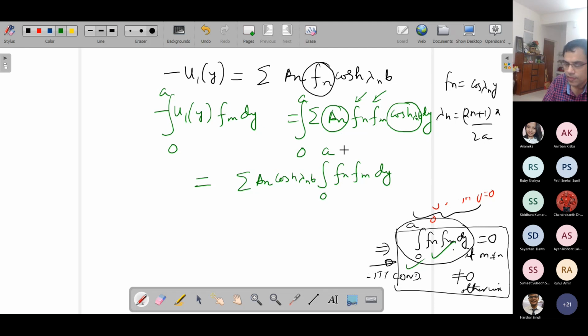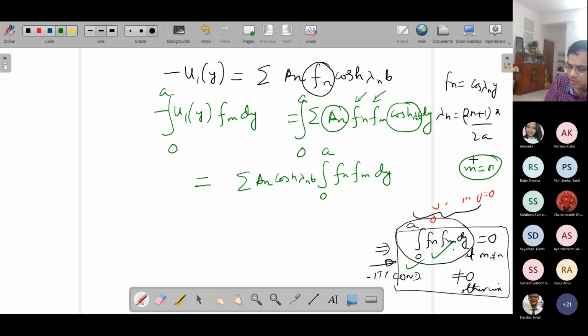If you do that, then we can use this orthogonality condition that this is equal to 0 if m is not equal to n. The advantage is that in that way, all the terms in the summation vanish except for only one term, for which m is equal to n.